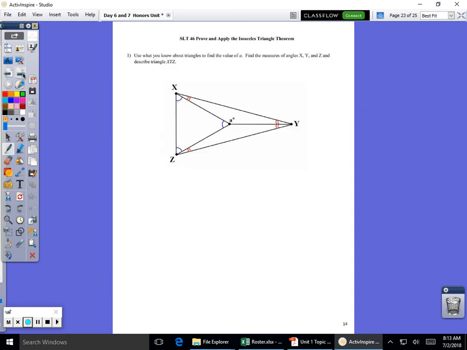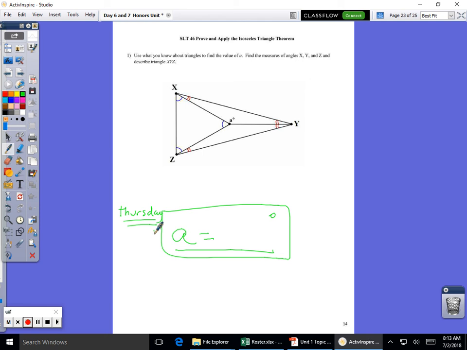All right, this is a great one. I would like you to tell me what A equals. A equals how many degrees? We are going to come in on Thursday, and I will give you a little card on Thursday, and you are going to write down what you got for what A equals.